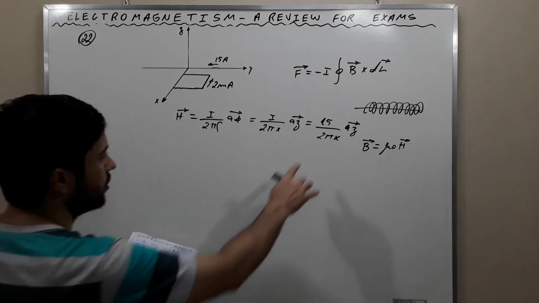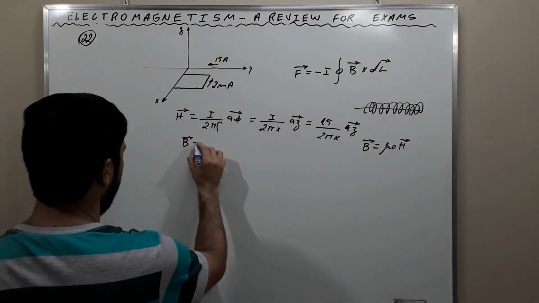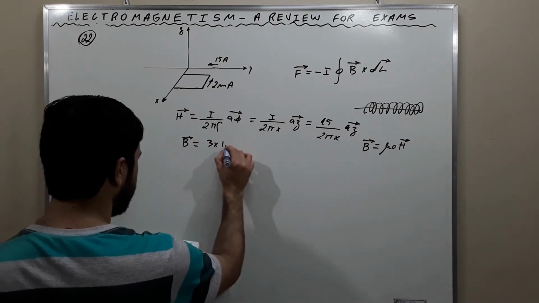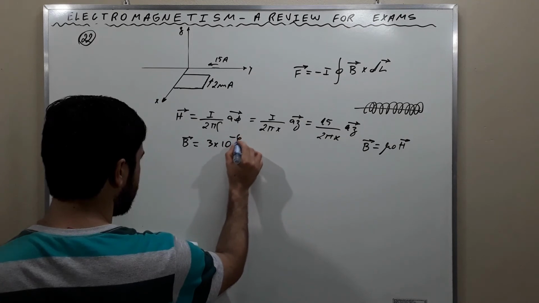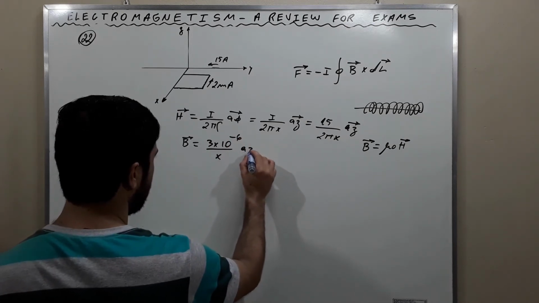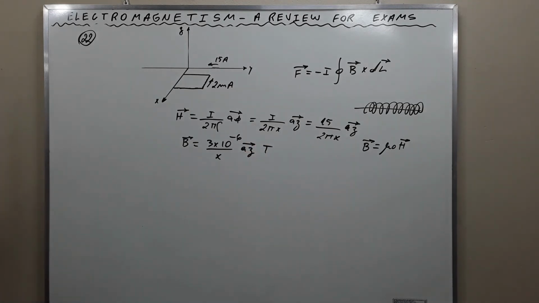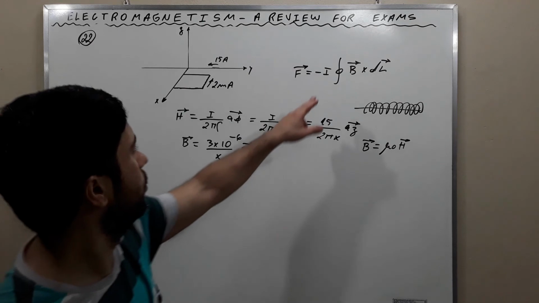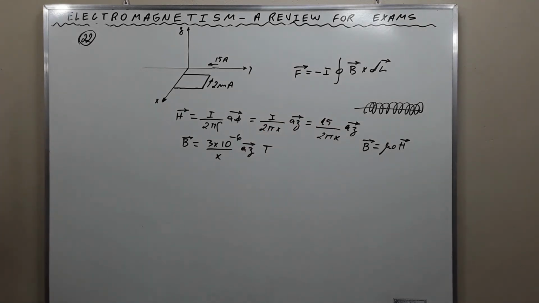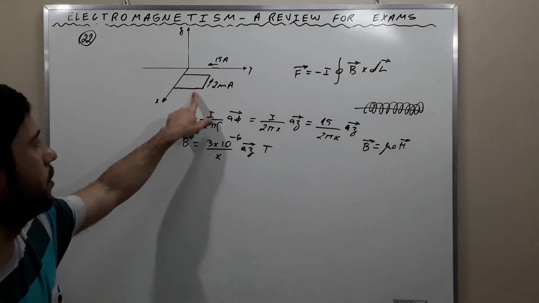And using this and this, we know that B is equal to 3 times 10 to the negative 6 divided by x a_z Tesla.